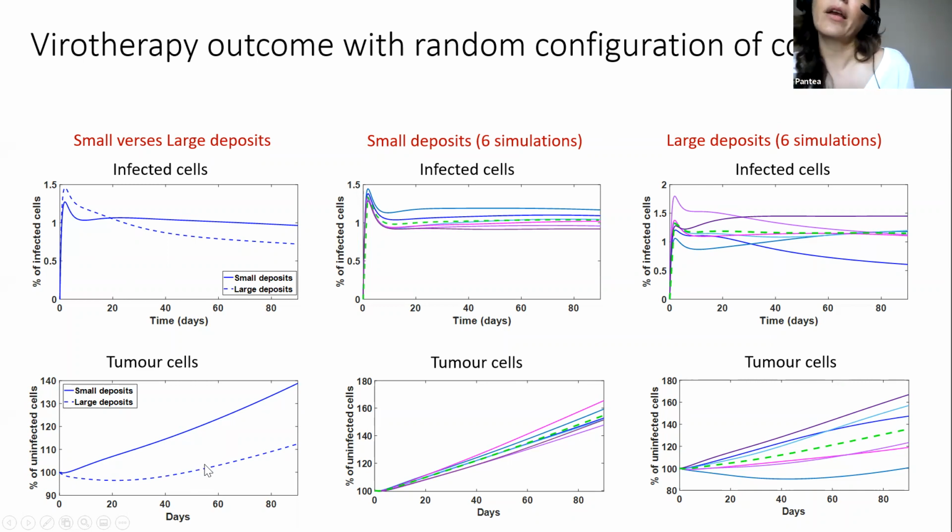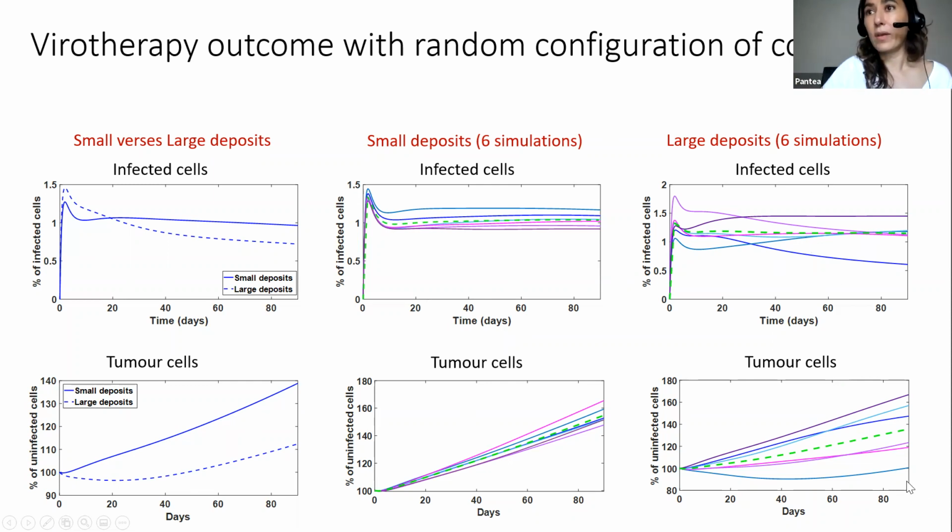But then I thought, okay, I could try and just simulate. I did 6 simulations with different variations, so different variations of the small deposits and then different variations of the large deposits. And when we look at these results, there's not actually that much difference between the outcomes.